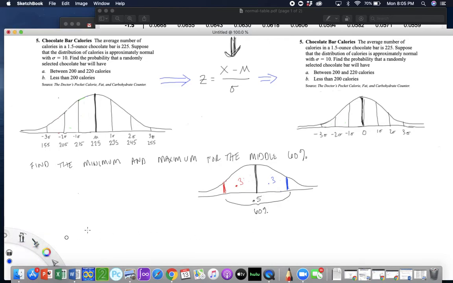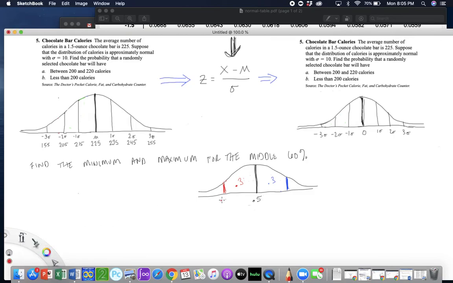I'm going to erase this real quick just to not confuse you. This 0.5 in the middle becomes important because I have to figure out how this relates to my chart. This side is 0.5, 50% of the data. So what do I have to look up in my z-table to find this?